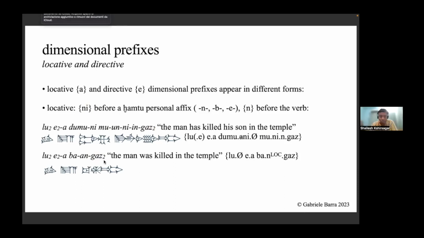Gabriel, I had two questions. Can I? Sure. The first question is, can we see one example of a first person singular? We have seen the third person singular right now. And any example of plural, either first or third person plural? Okay, let's do it if possible.